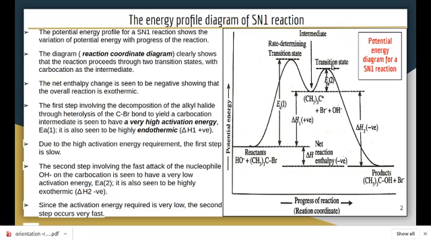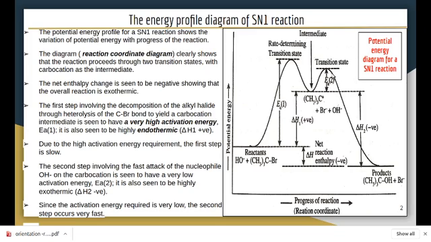Then forming another transition state. In that transition state there will be a partial bond with OH minus. That means carbon will have a partial positive charge and OH minus will have a partial negative charge.